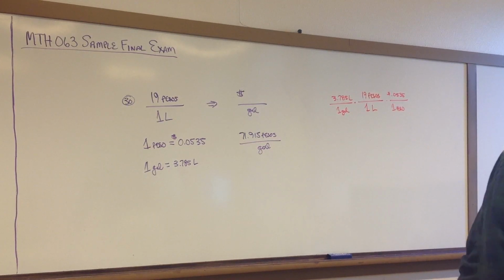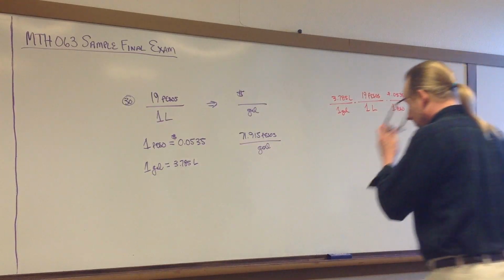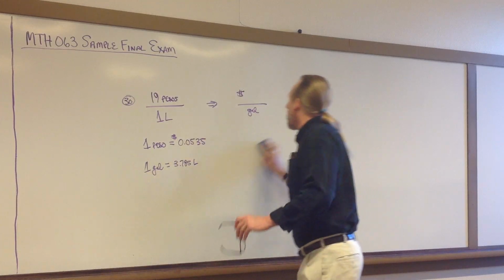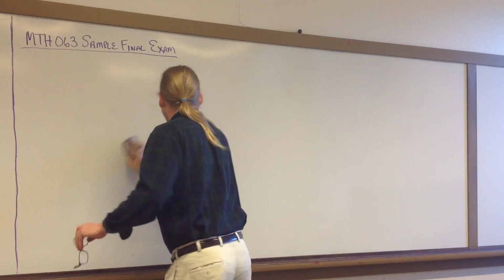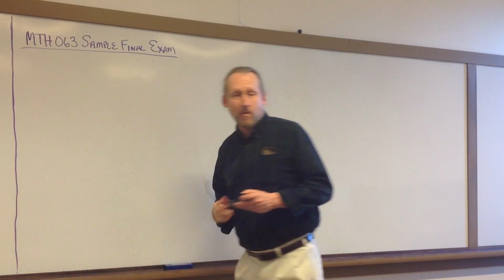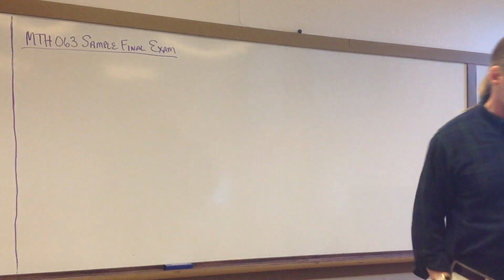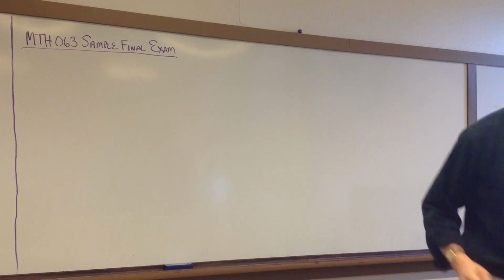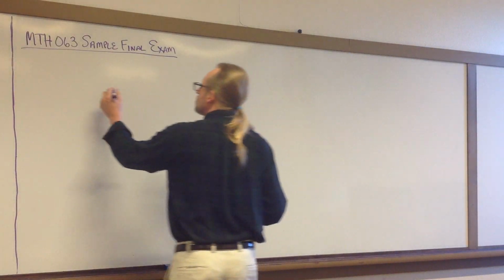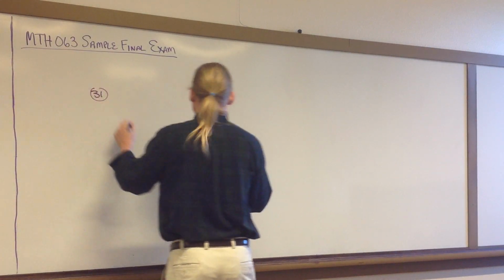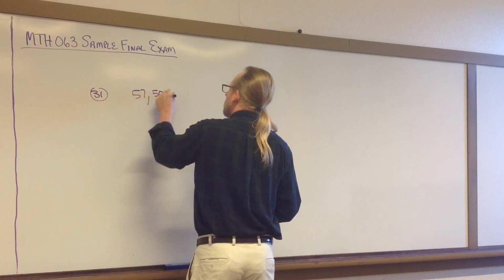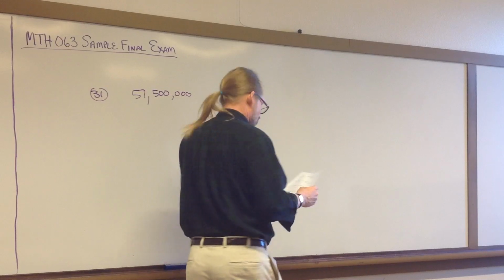Now we get to the scientific notation problems. Let's see here. Problem 31. 7,500,000.